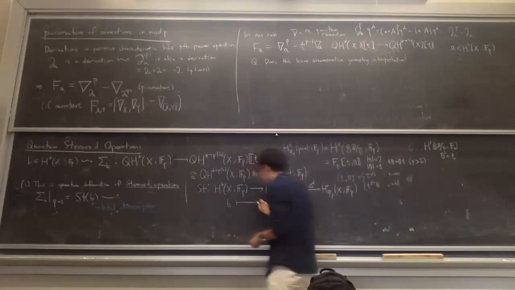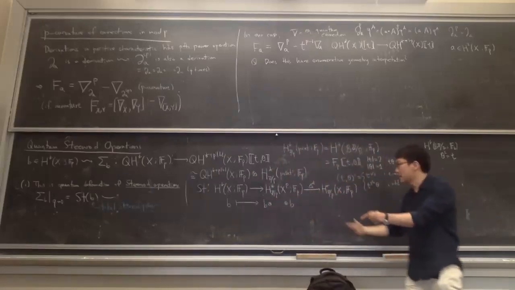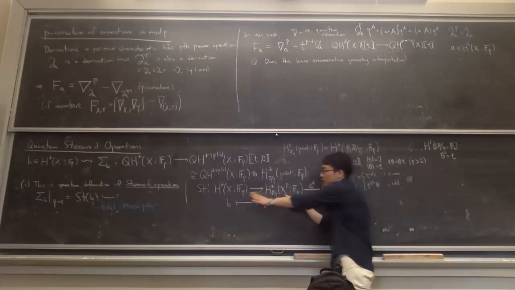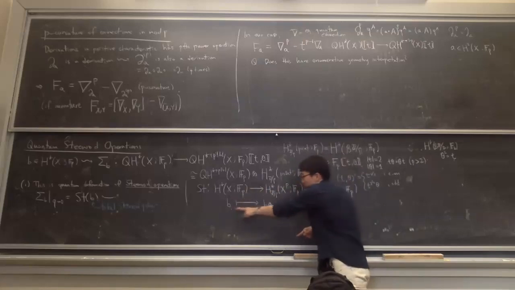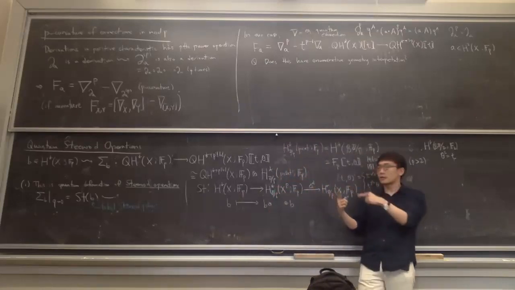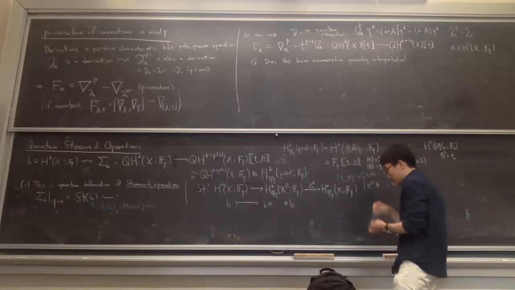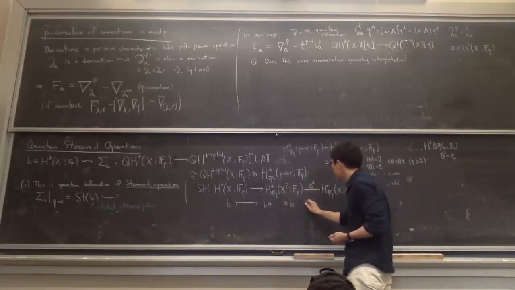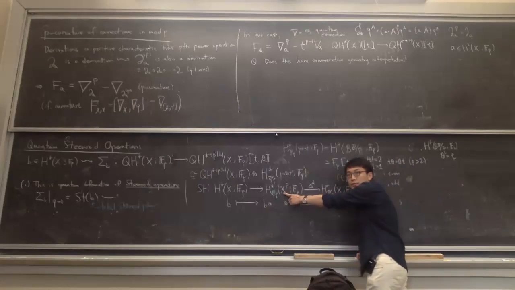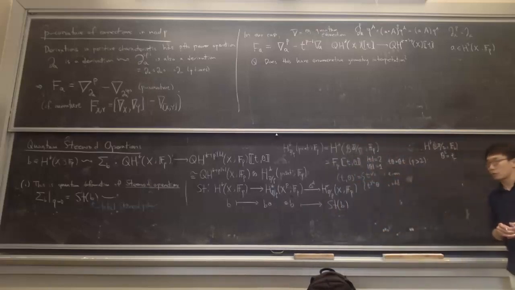The first one sends any cohomology class in Fp coefficients and then it just clones it p times. So by the Künneth formula, the ordinary cohomology of a p-fold product of X like this is just the p-fold tensor product of the same vector space, and then I'm just repeating the same cohomology class everywhere. And because this class is invariant under cyclic permutations, this actually lifts to an equivariant cohomology class with the group considered being Z mod p. And then you can pull this back by the diagonal embedding of X into the p-fold product of X. And this gives you the total Steenrod power.